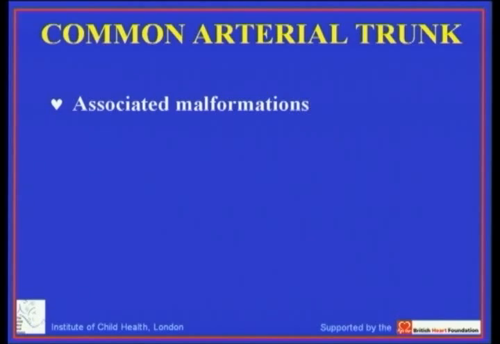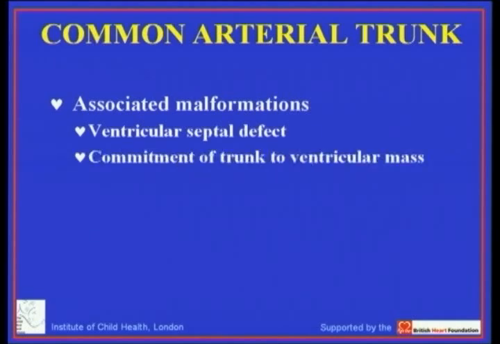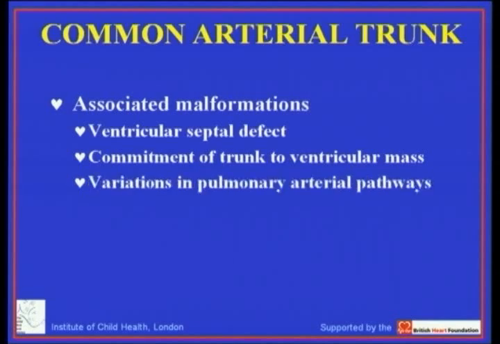So returning to common trunk, perhaps most important are the associated malformations. And we can list these, and we will describe a ventricular septal defect just as we did in the isolated heart. The way that the trunk arises from the ventricular mass, the feature that in the past has most frequently been used in classification, I'll discuss that with you.